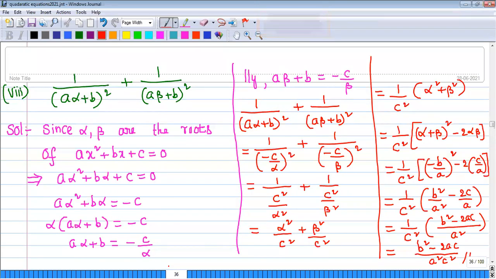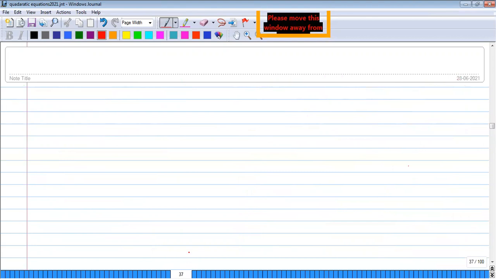Take the screenshot. Okay, sir. Right, I got it.